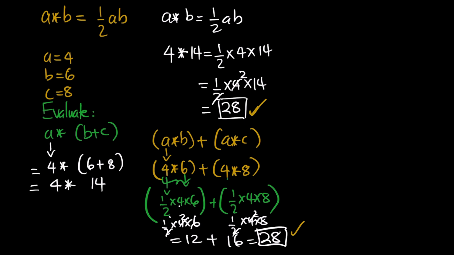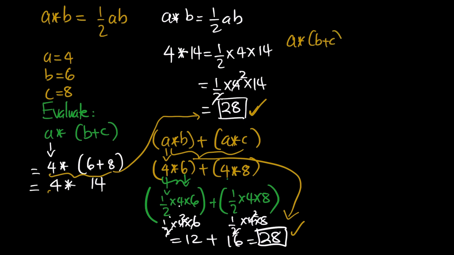Because from here we started to give us this 28, and we also worked out this to give us that. So it means that A star (B plus C) is the same as A star B distribution over A star B plus A star C. We realized that this whole thing ended up giving us 28, and this side also giving us 28.